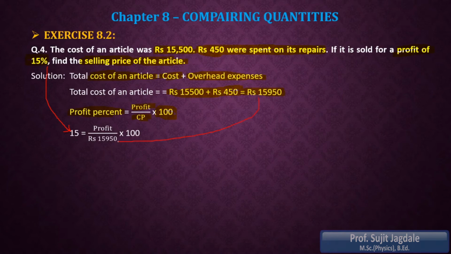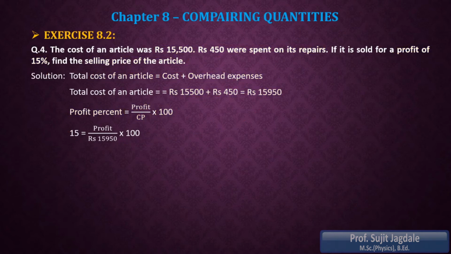Then the total CP is Rs 15,950, and that into 100 is going to be as it is. Now here the terms are to be shifted.